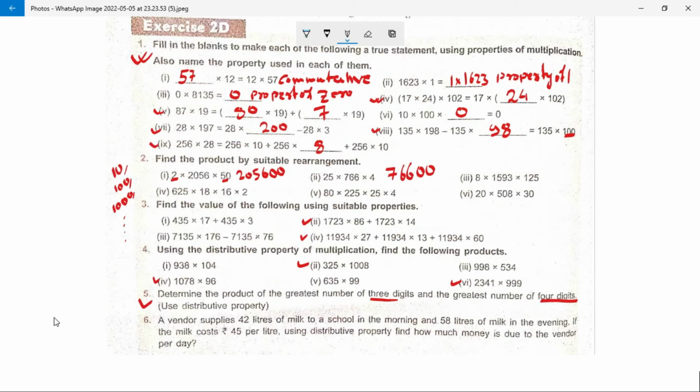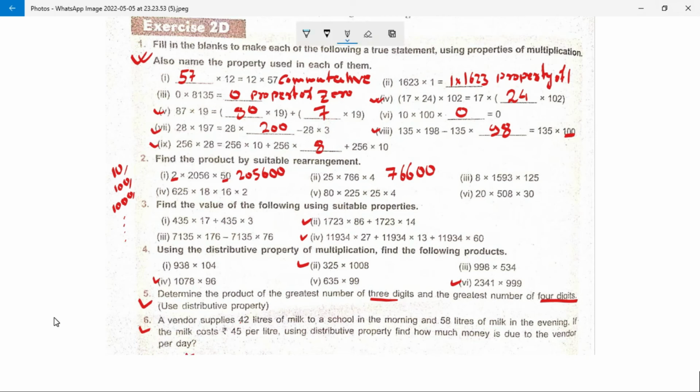Last, question number 6. A vendor supplies 42 liters of milk to a school in the morning and 58 liters of milk in the evening. If the milk costs rupees 45 per liter, using distributive property, find how much money is due to the vendor per day.